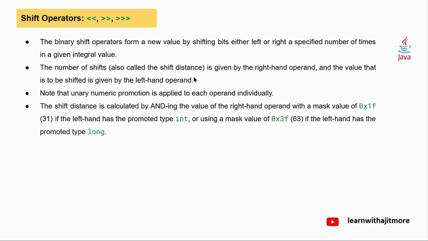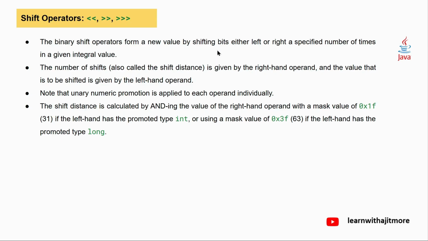Now, quickly we will go through these points. Yesterday we did this work, but the last part of the recording got a little corrupted. Therefore, I'm reading it again. Okay. So what do these shift operators do? The binary shift operators form a new value by shifting the first operand, either left side or right side, second operand times.